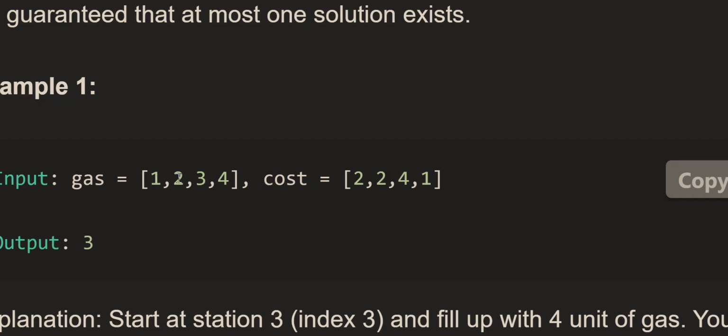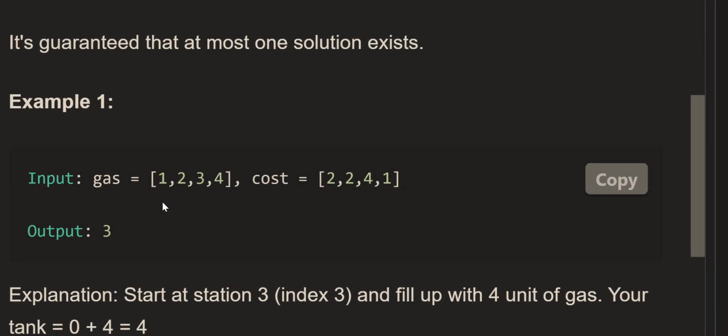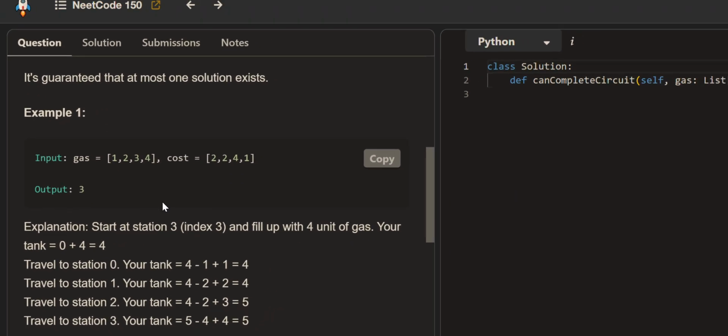And now when I go to the next index, it will cost me 2, so I will spend 2. But I will also add 2, so I will be at 0. And then I will go to the last index. And whenever you reach the last index, the game is over.